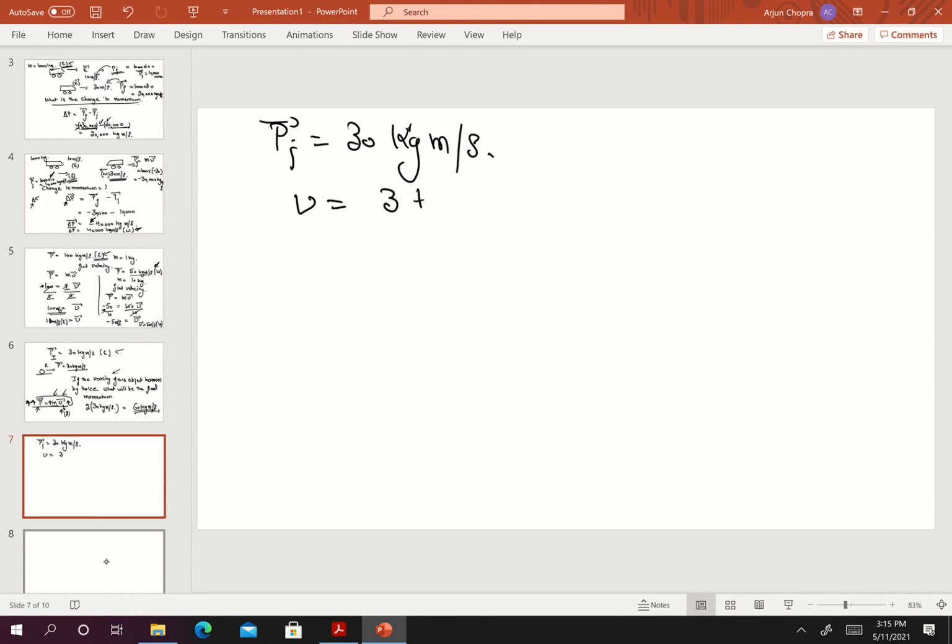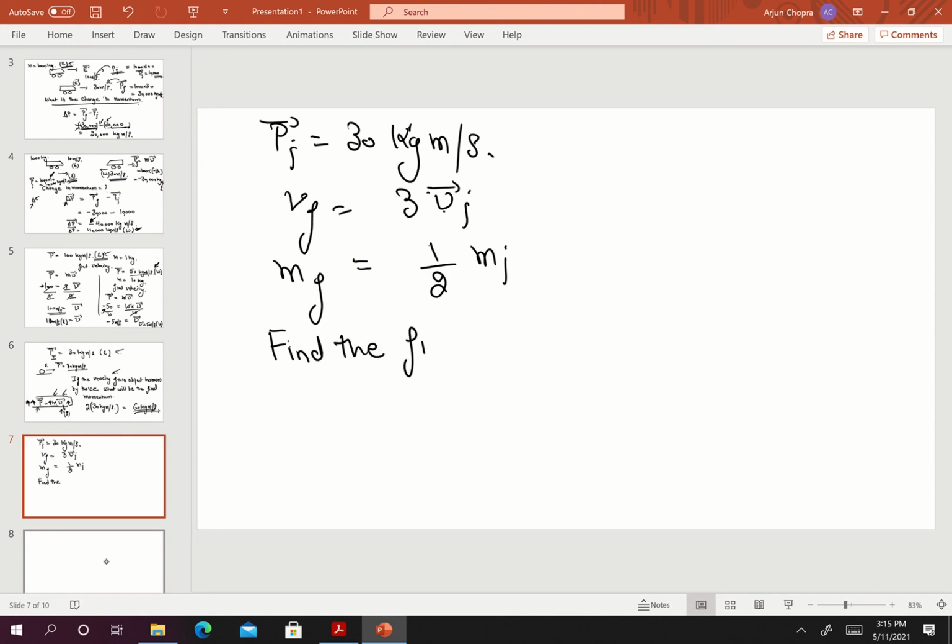So I'll write it as v final equal to 3 times v initial, and mass reduces by half of the given value. m final is equal to half of m initial. Find the final momentum.